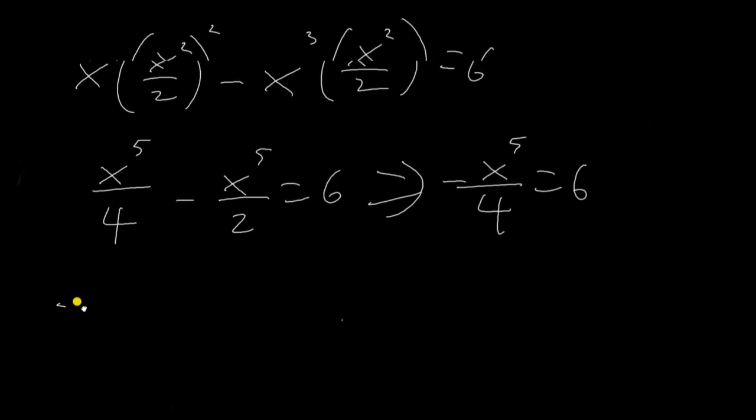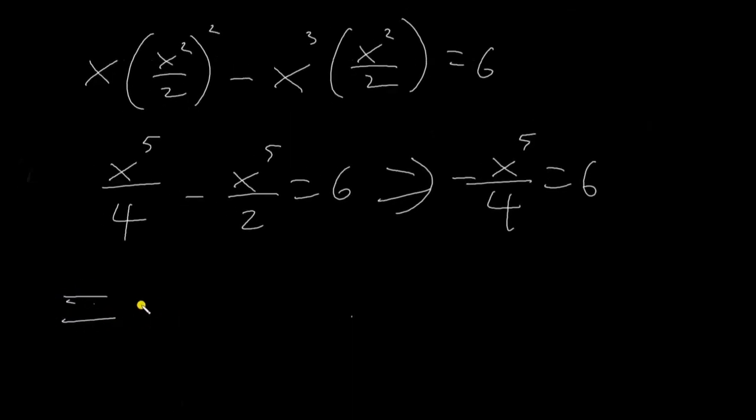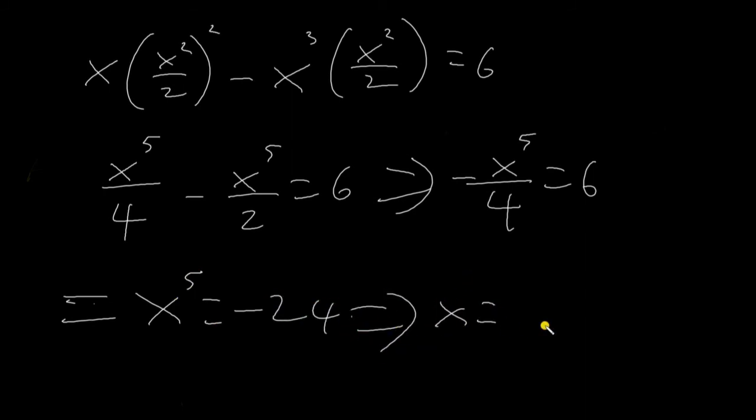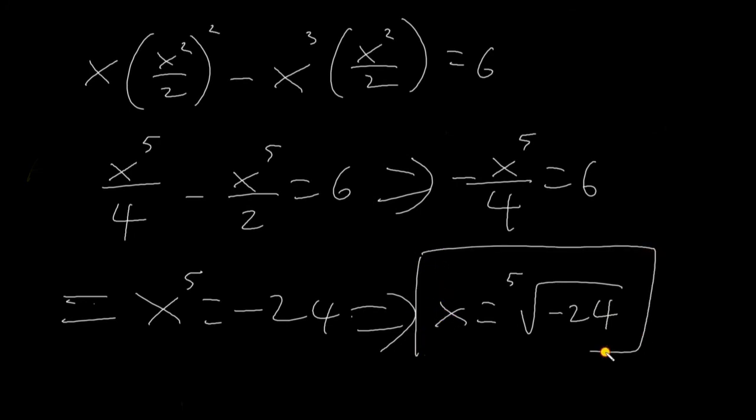And then x to the 5th equals negative 24. Therefore, x is the 5th root of negative 24, like that.